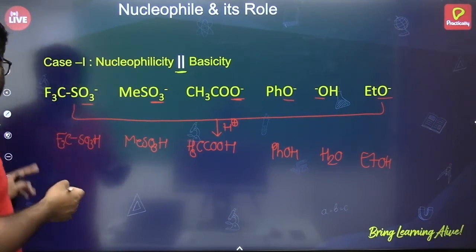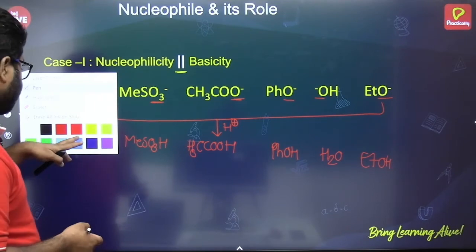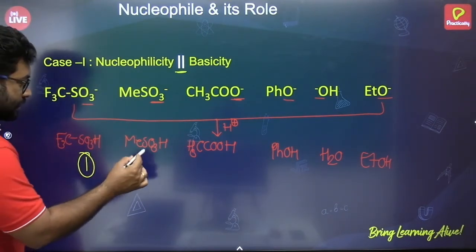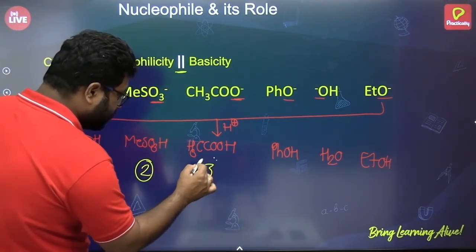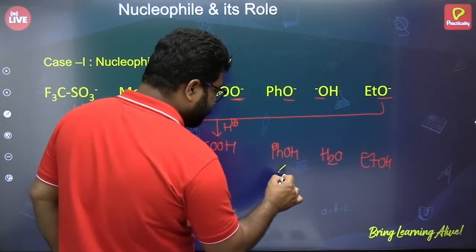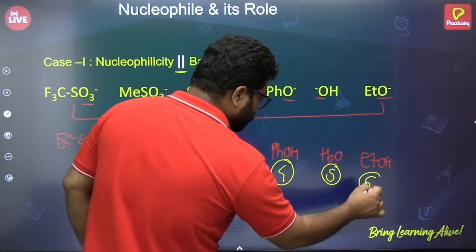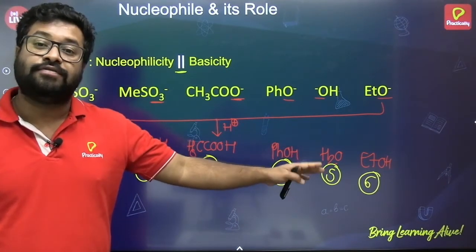When you are talking about the acidity order, let me give you an order here. This has to be the first. This comes second. This comes third. This comes fourth, fifth, and sixth. So this is the strongest acid. EtOH, which is ethanol, is the weakest acid.